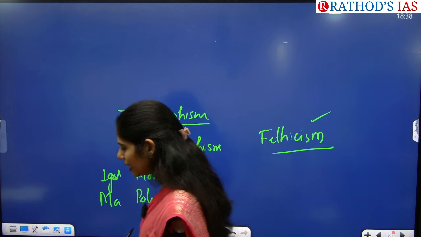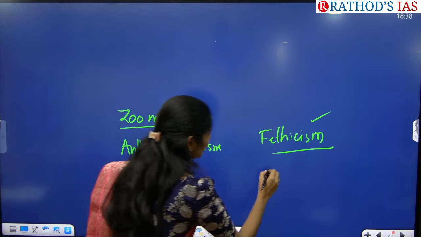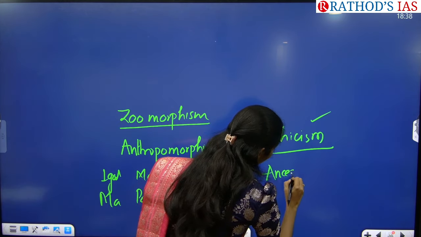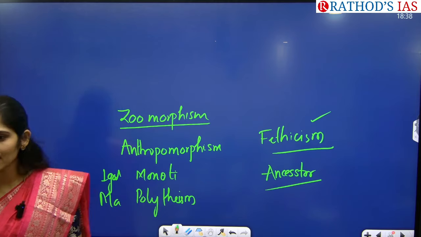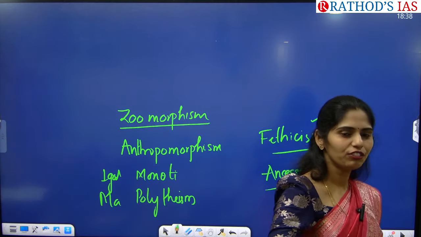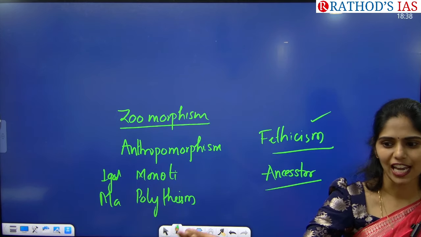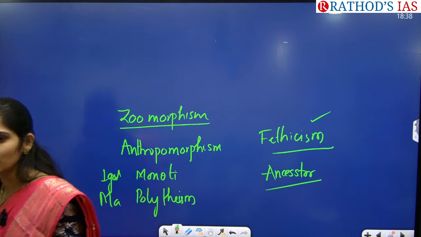And there is one more word, totemism. It is very similar to this, but you are worshipping them as your ancestor. Nagvansh: if you belong to this Nagvansh, the snake is your ancestor. If you are from Tiger Vansh or Lion Vansh, actually there are some tribal groups who belong to a tiger ancestor or lion ancestor.